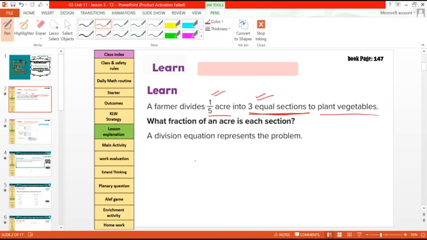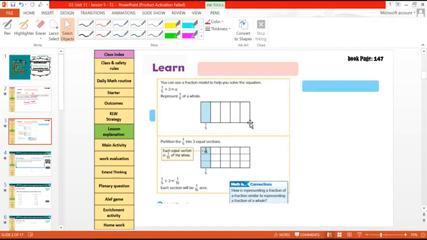So let us try to see the fraction model of this question. Now the farmer has used one fifth acre. What do you mean by one fifth? We have one whole which is divided into five equal parts, right?